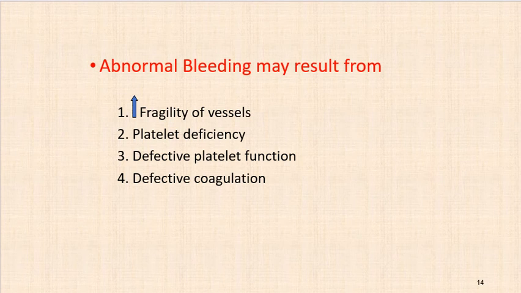Secondly, if platelet deficiency occurs, platelets are reduced in number or their function is defective. In both cases, the platelet plug will not be formed and will not be able to effectively block the severed vessel, and excessive, abnormal, prolonged bleeding can occur.